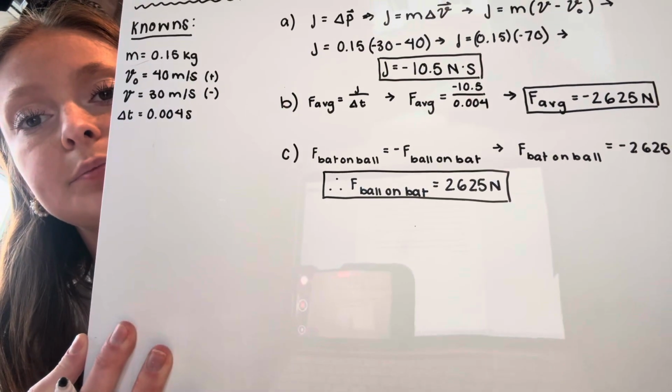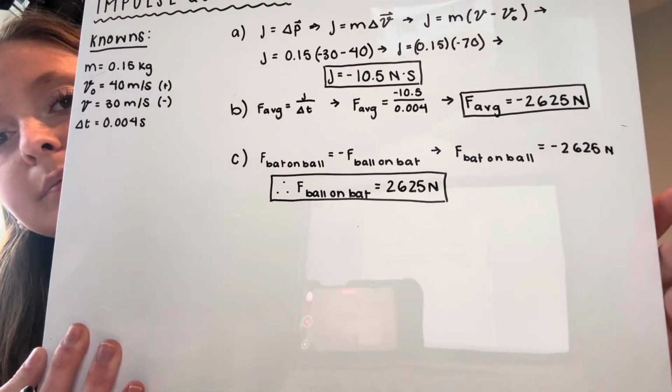So we can say, therefore, the force of the ball on the bat equals 2,625 newtons. And that's the rest of the question.